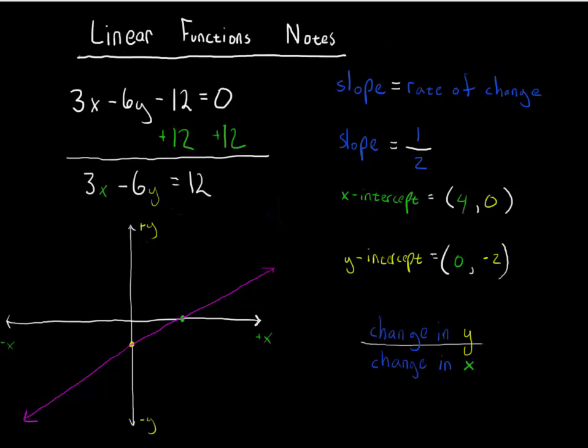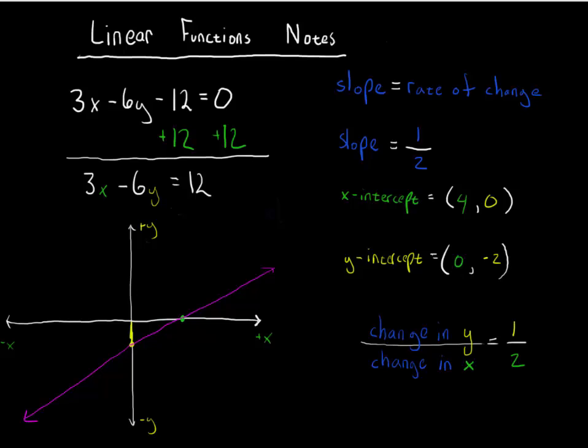Well, as stated in class, the slope, or the rate of change of a graph, or linear equation, is the change in y divided by the change in x. In this case, we know that's 1/2, which means that anytime we head up 1 unit on our graph, we head over 2. And the ratio will always be the same.